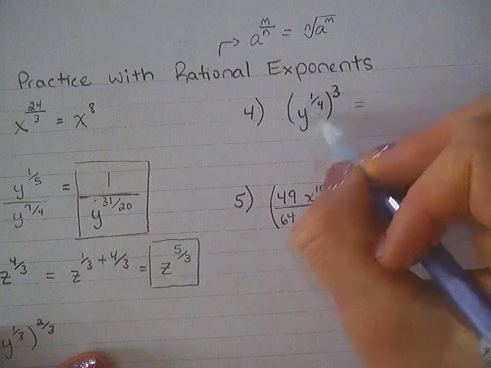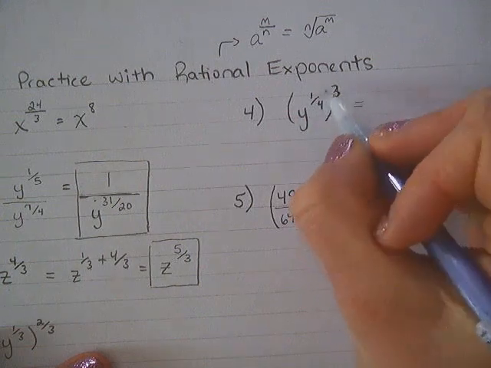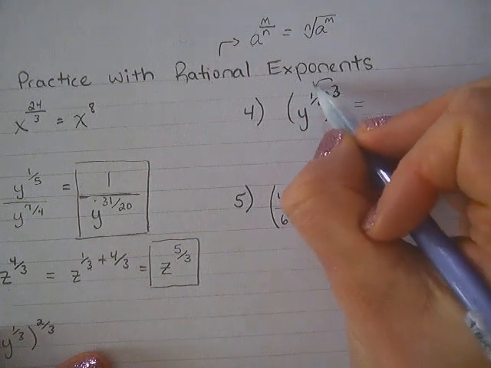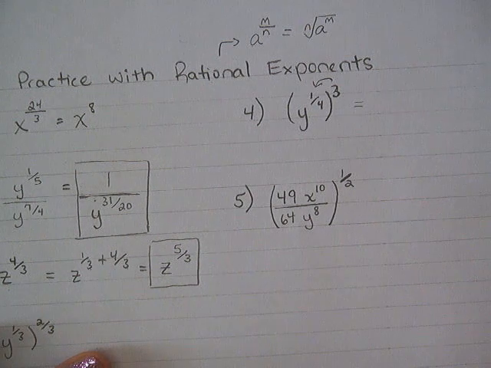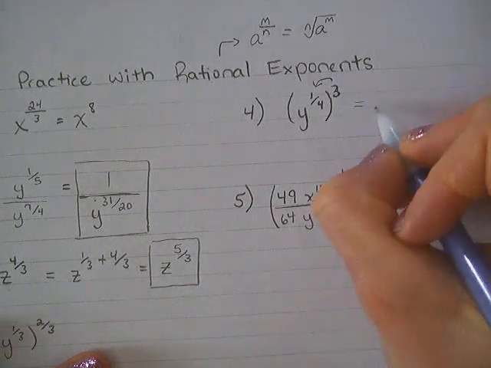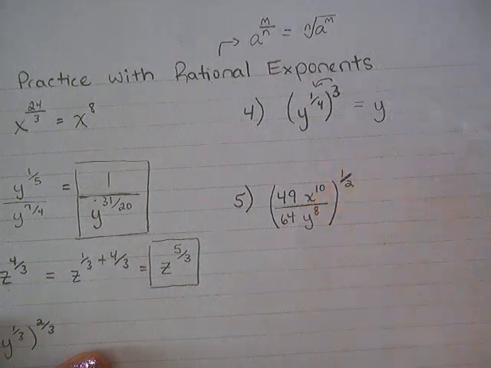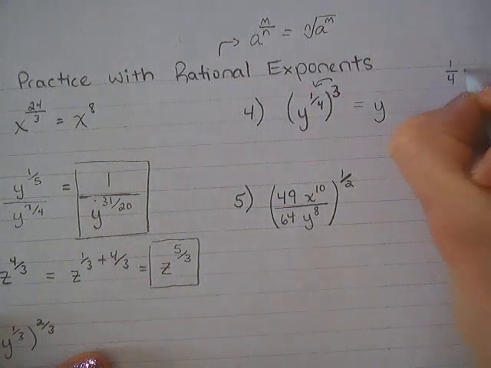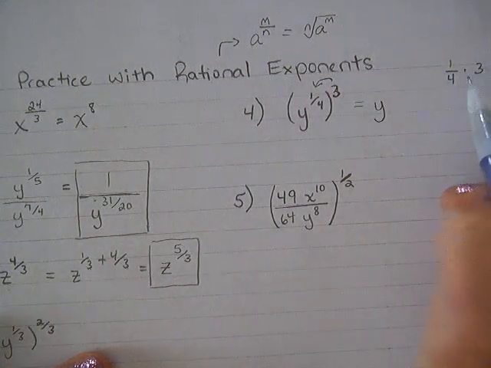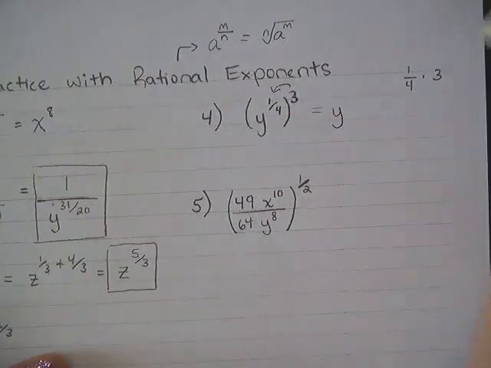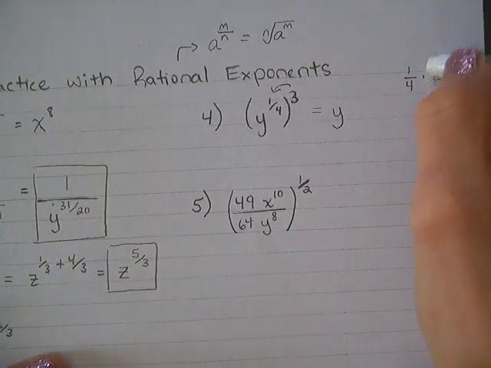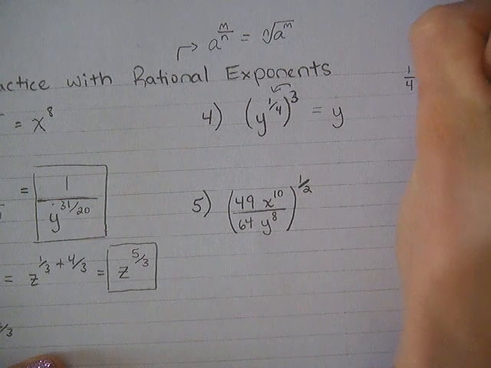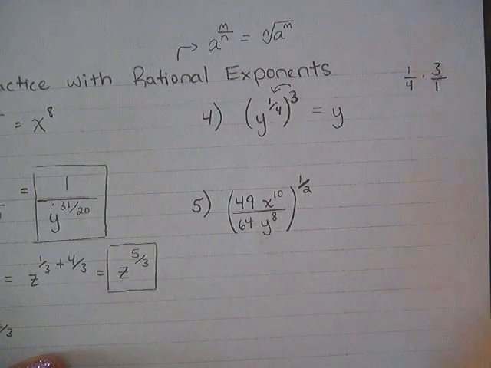So there's just one thing on the inside here. Essentially, you just have to take that 3 and multiply it times 1/4, and whatever you get would still be the exponent of the y. So 1/4 times 3. When you multiply stuff like this, if it's just a regular number, remember all regular numbers are technically understood to be over 1.